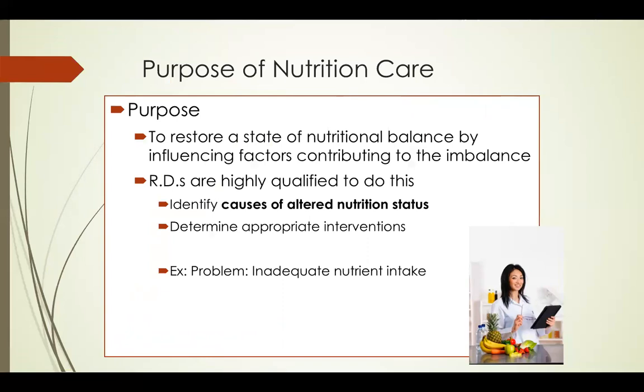There are a wide variety and interactions between factors that influence nutrition status, and depending on those, the RD can think about a very good intervention. So, for example, if somebody has inadequate nutrient intake and they're not eating enough, the RD has to decide why. Are they not eating enough because they can't swallow? Because they don't have enough money?